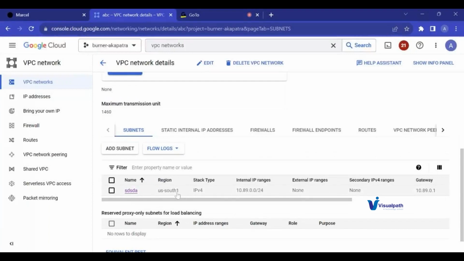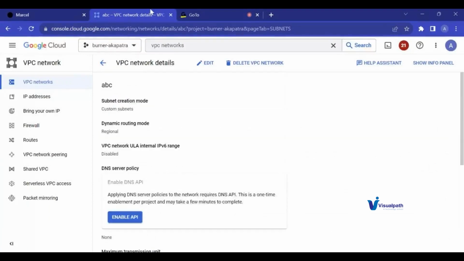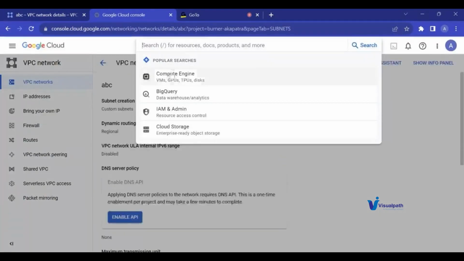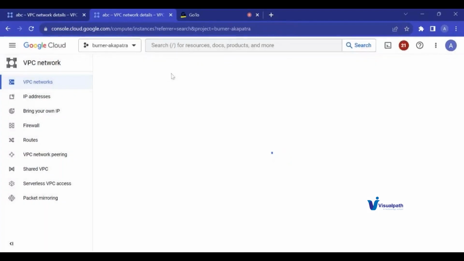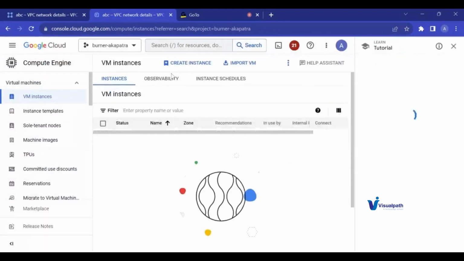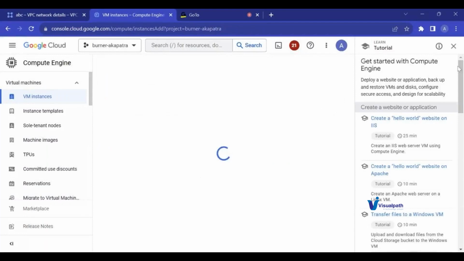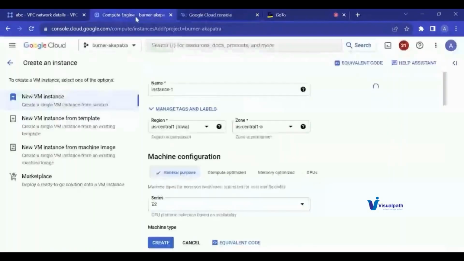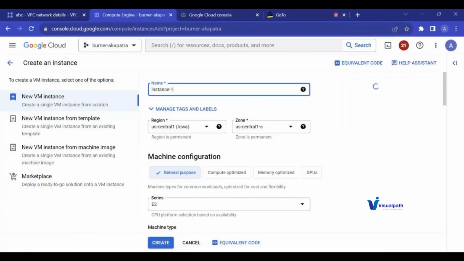Okay. Now I'll just quickly spin up a few VMs, right? Let's go to compute engine, create instance.